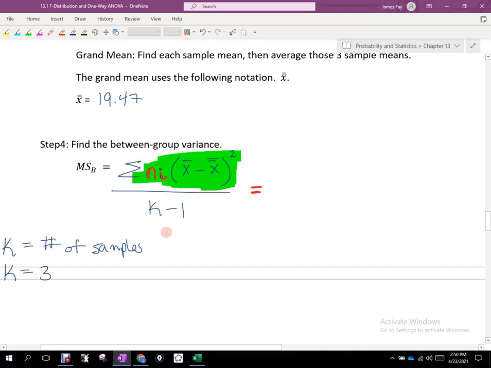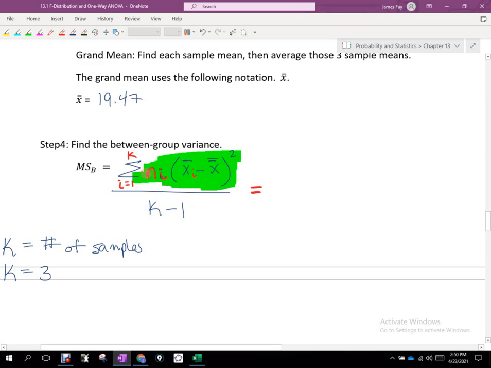Maybe it makes sense to put down on the summation that i is going to start with 1 and go up to K, which was 3 for us. So basically, if i is 1, then we're talking about the first sample.